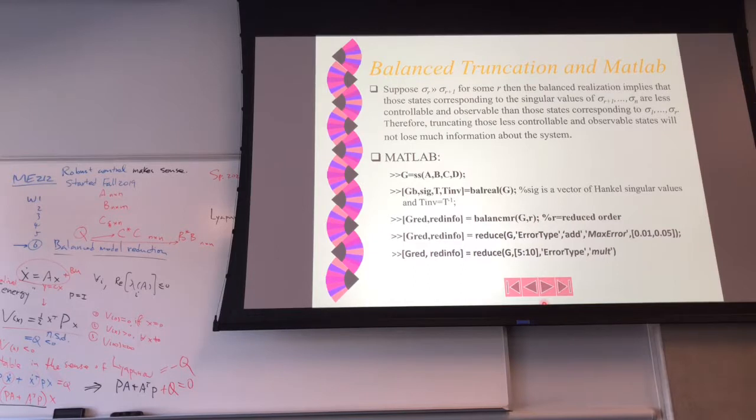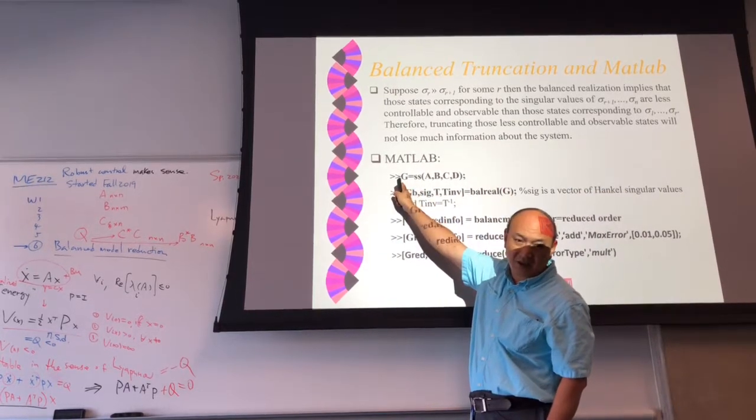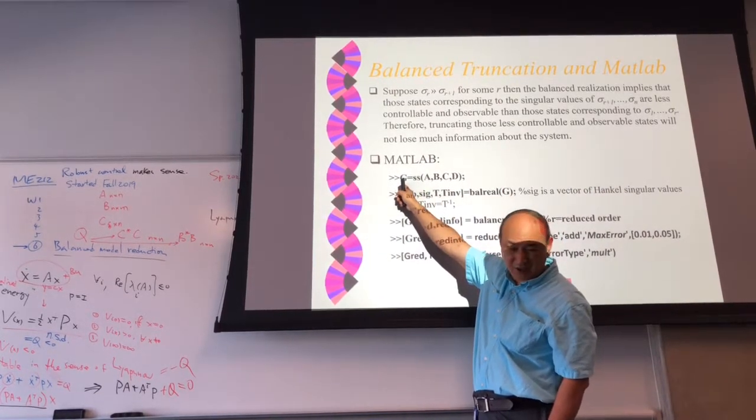And then they will give you sigma. This sigma is diagonal, the vector of Hankel singular values. And this T inverse is the similarity transform. So the G has a name. G is an LTI object.